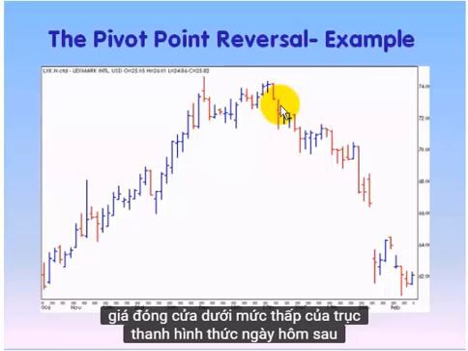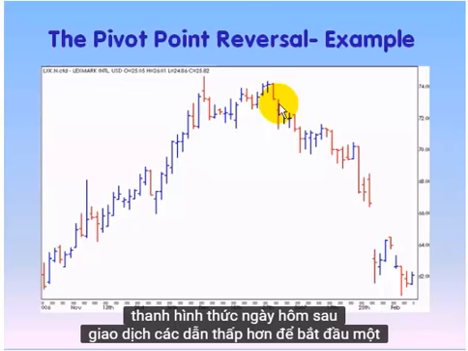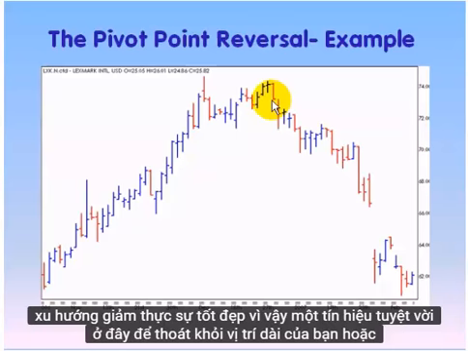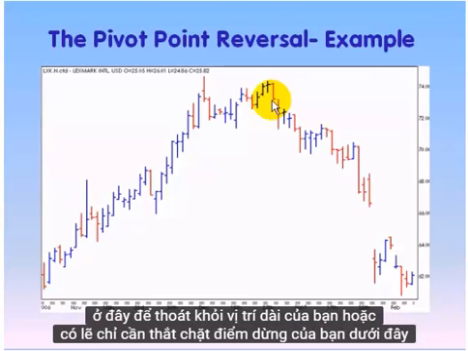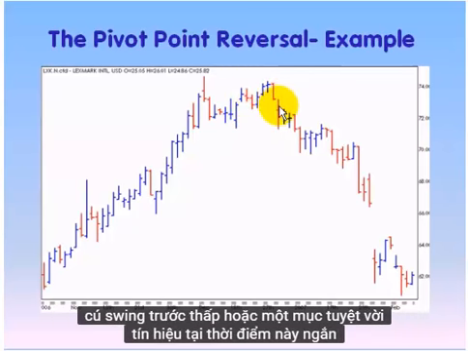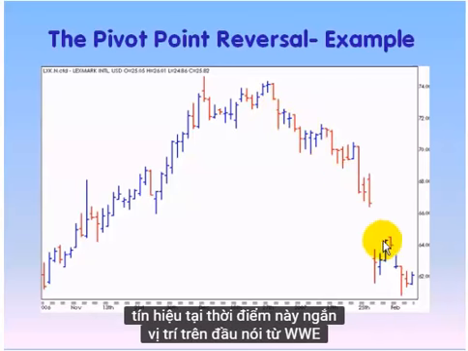Confirmation the next day as price trades lower leads to the start of a really nice downtrend. So a great signal here to exit your long position, or perhaps just tighten up your stop below the previous swing low, or a great entry signal at this point for a short position.